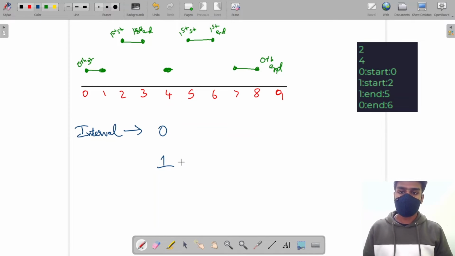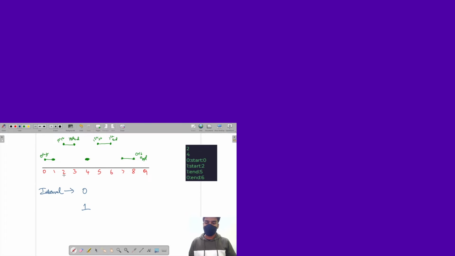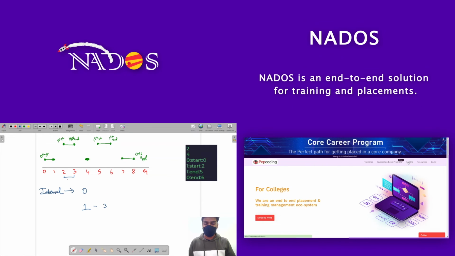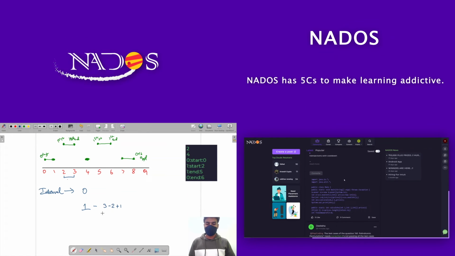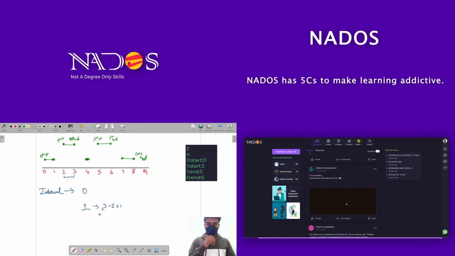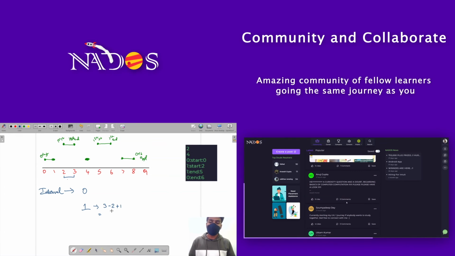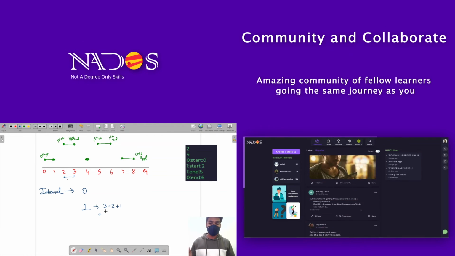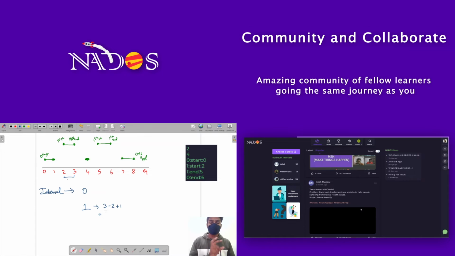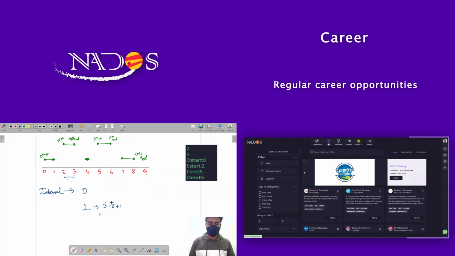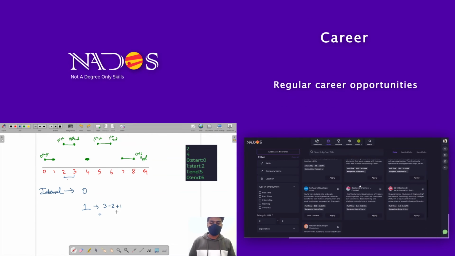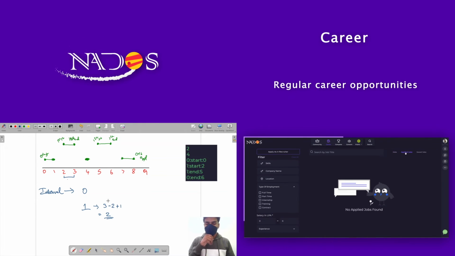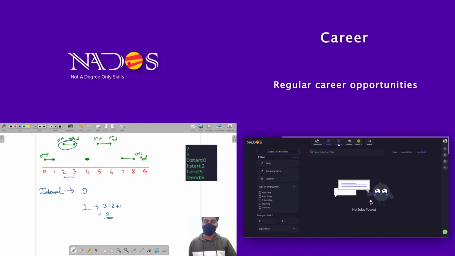So for 1, the interval should be 2, because it is ending point minus starting point plus 1. So 3 minus 2 plus 1, so it's 2. All right, so 2 is the interval of this execution.